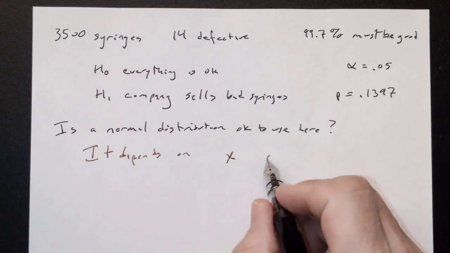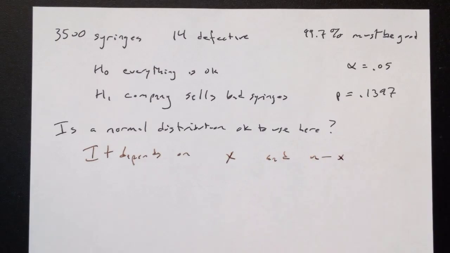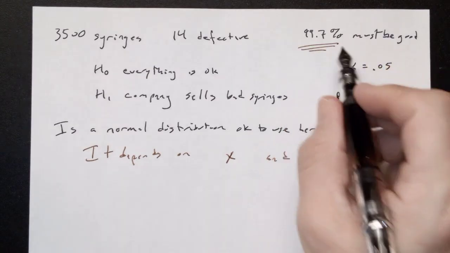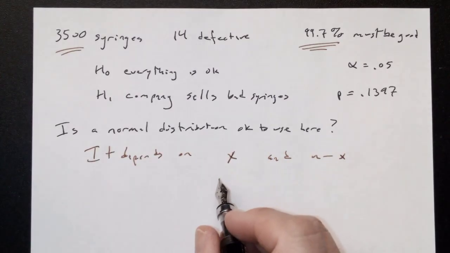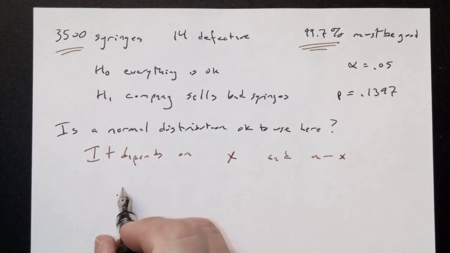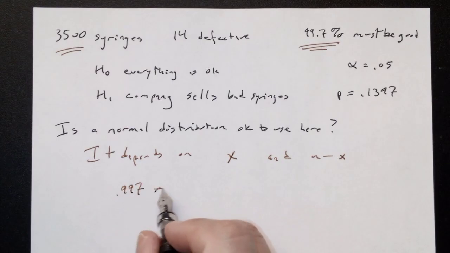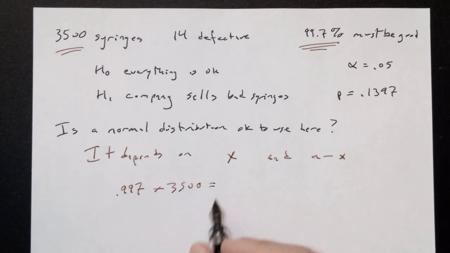So the answer to this question is it depends on X and N minus X. If we had this proportion right here out of 3,500 syringes, what is 0.997 times 3,500?